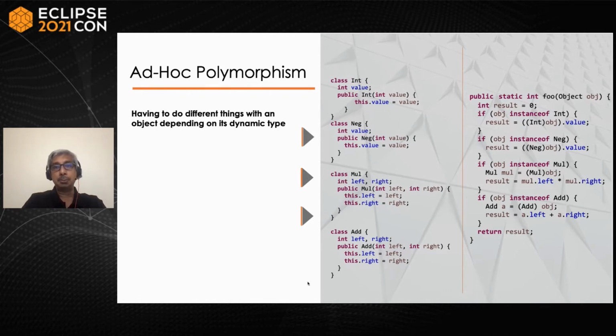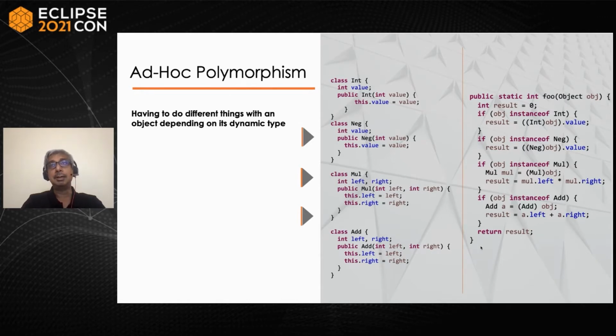In the example above, we are handed over an object, and depending on the type of the object, we do different things. There is an object obj, and inside the method foo, we check whether it's an instanceof Int, Neg, Mul, etc., and then do different things. Essentially, we calculate the value of Int, Neg, or multiply by left and right if it's a Mul, etc., and return the result.